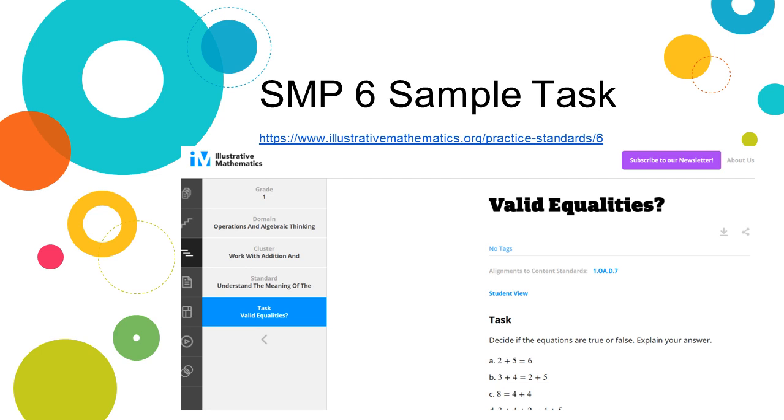So this particular task, Valid Equalities, helps illustrate mathematical practice number 6, attend to precision. Students use mathematical symbols correctly, and they describe the meaning of the symbols they use.